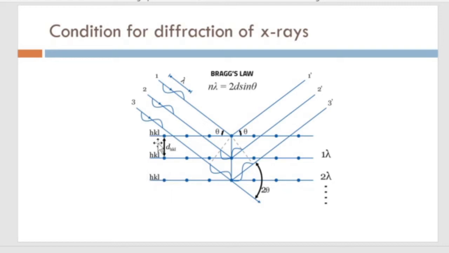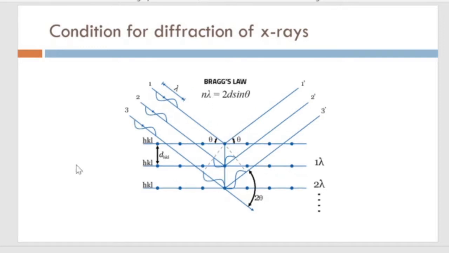Here we have represented a number of lattice planes, and d is the distance between two lattice planes. Theta is the glancing angle or the angle of incidence. The angle of incidence and the angle of reflection are equal. Lambda is the wavelength of the X-rays, and n is the order of diffraction.